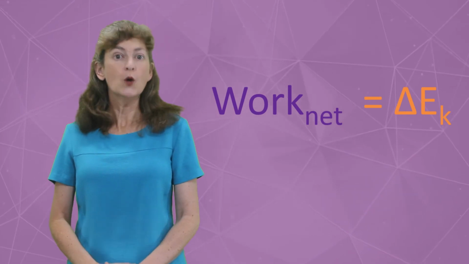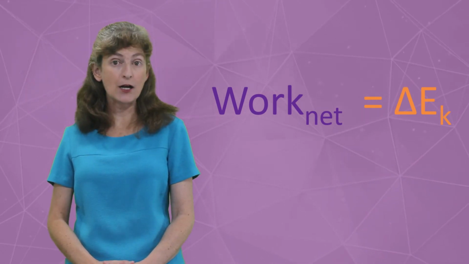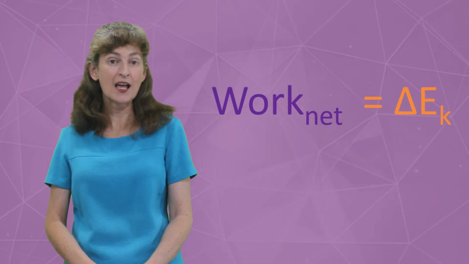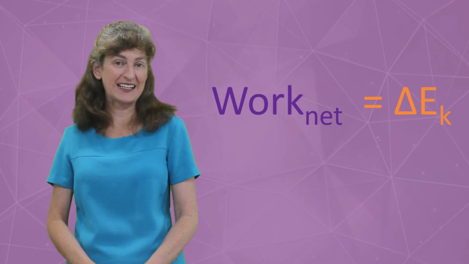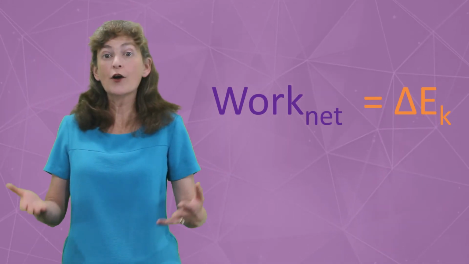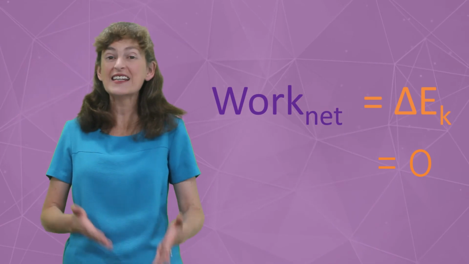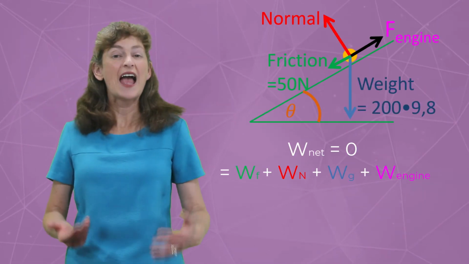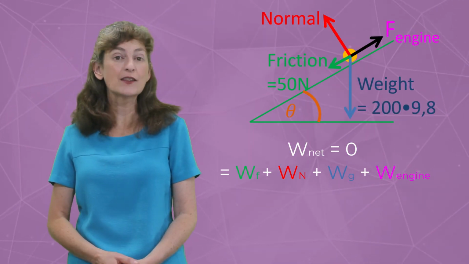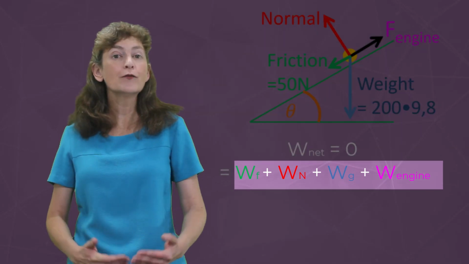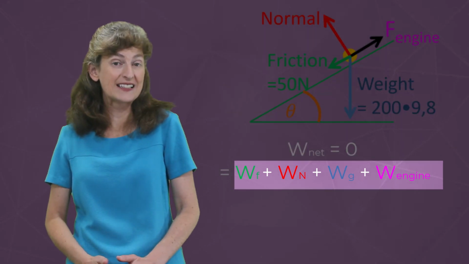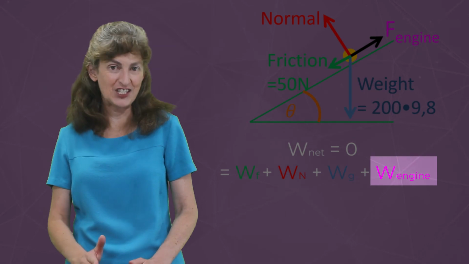So a quick recap of what we've done here. From the work-energy theorem, we know that the net work done on an object equals the object's change in kinetic energy. We know that for this car, that equals 0. We have the information needed to calculate the work done by each of the forces acting on the car except by the force of the engine.